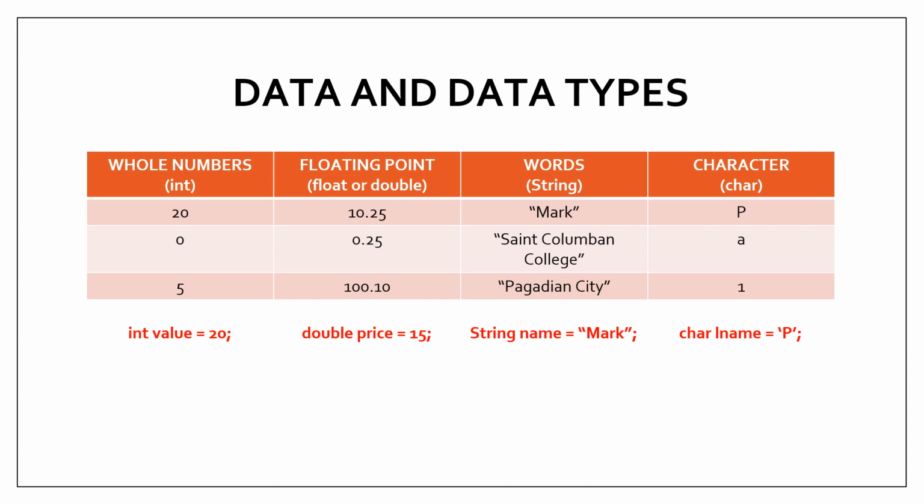So int is the data type, value is the variable name we label for a particular variable within our RAM. And so we've used an equal sign and then 20. So basically, this example is already variable declaration and initialization. So we have declared.